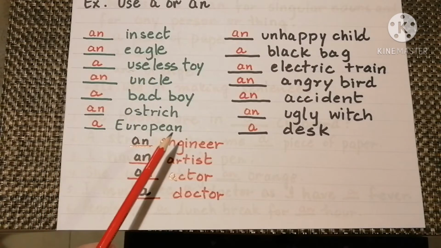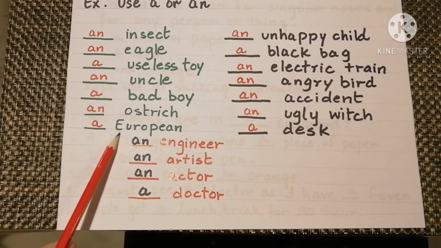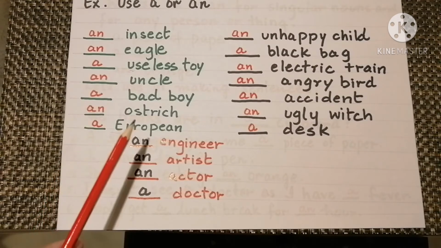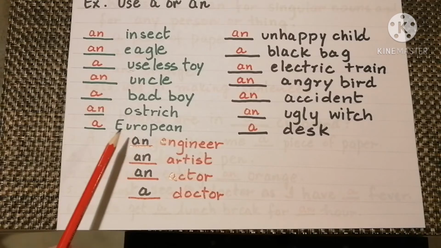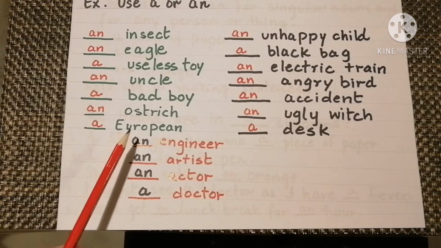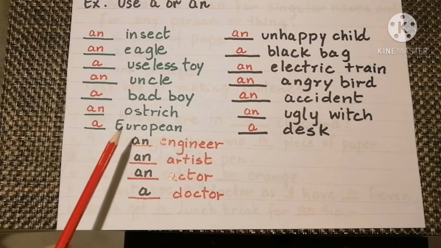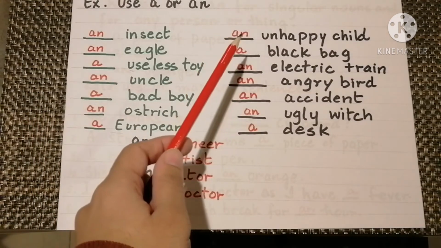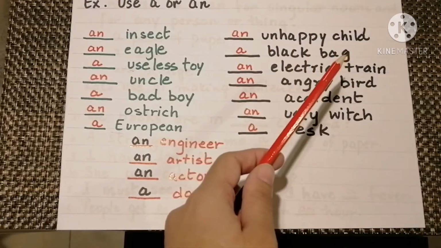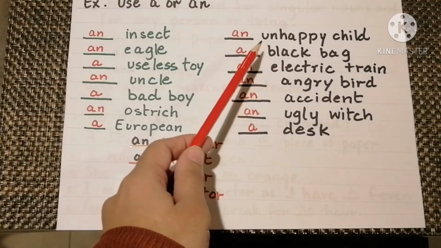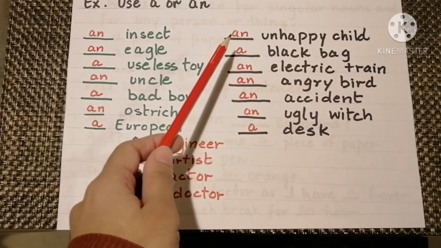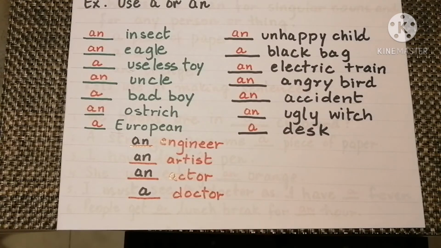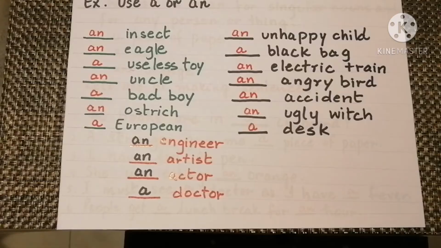A European: here E is again a vowel, but we are not saying an European, because this word sounds like "Yoo-ropean", not "E-ropean". Similarly, an unhappy child: U is a vowel sounded as a vowel, and we are using an for that. An ugly witch. Hope you have understood it.